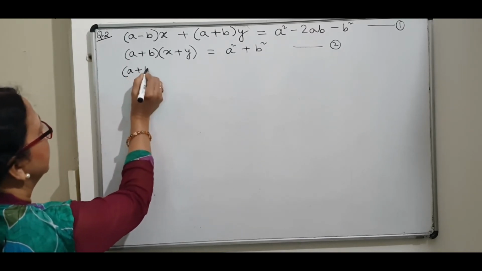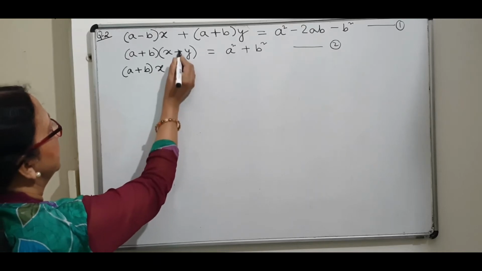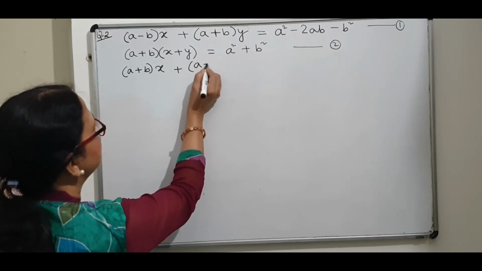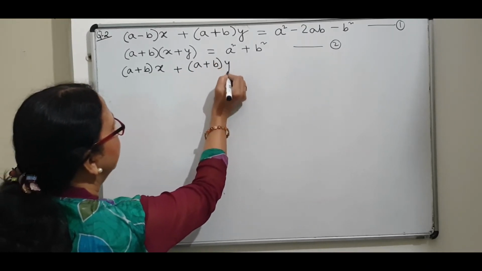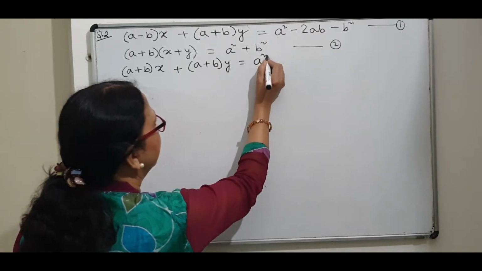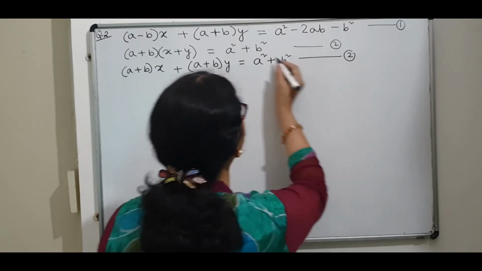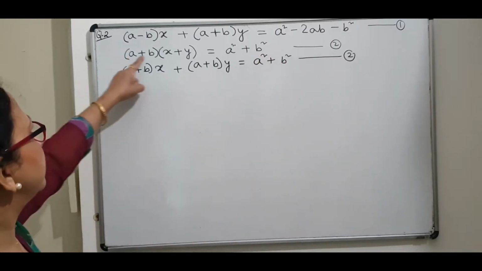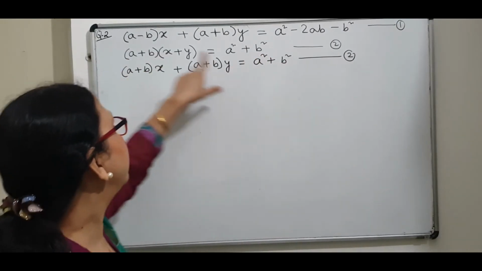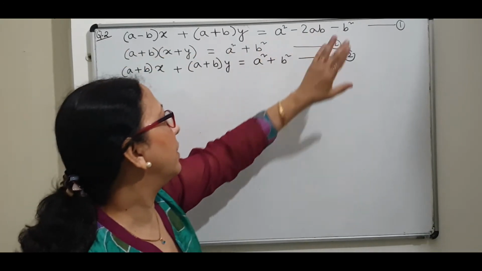The second equation can be written in this way: a plus b into x plus a plus b into y is equal to a square plus b square. So this is our second equation. That means I have written the second equation in the standard form, that is in the form given in equation 1.